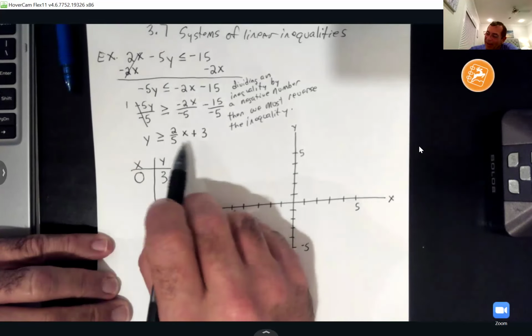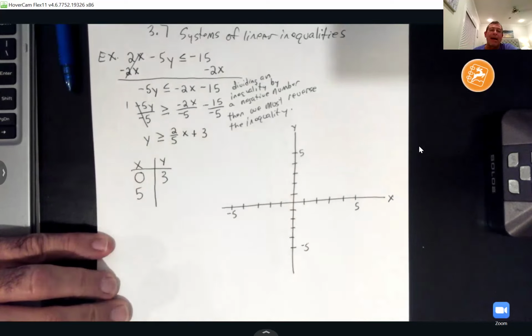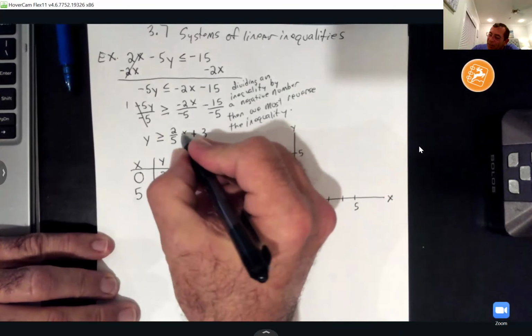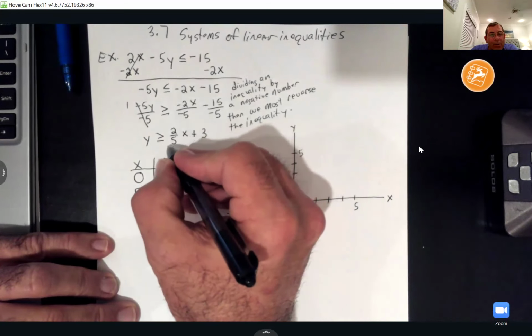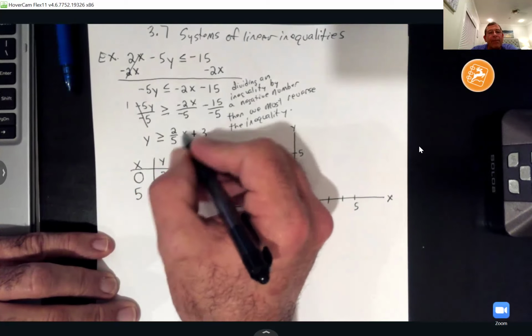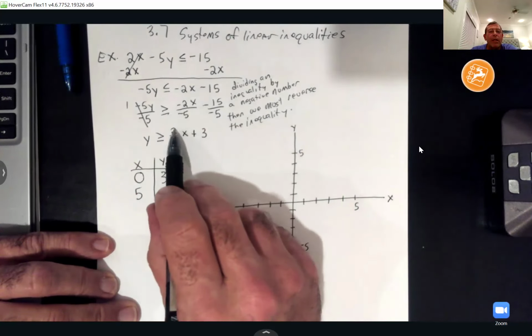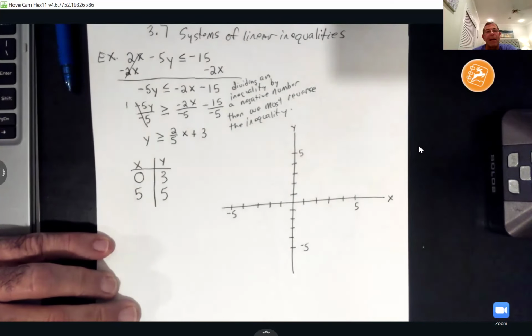So y'all, here's my thing. Since I got a fraction, my next X is going to be a 5. Because if you put a 5 in for this X, it's going to cancel with this 5 on the bottom. And if them 5s cancel, all that's left is 2 plus 3, which is 5.